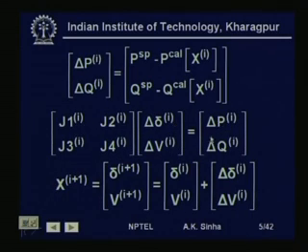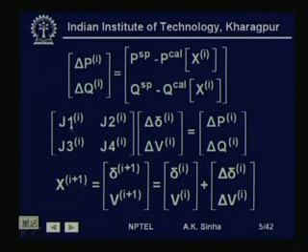So now the calculated value is computed, and then delta P, delta Q is calculated. J1, J2, J3, J4 are computed at the ith iteration state variable values.